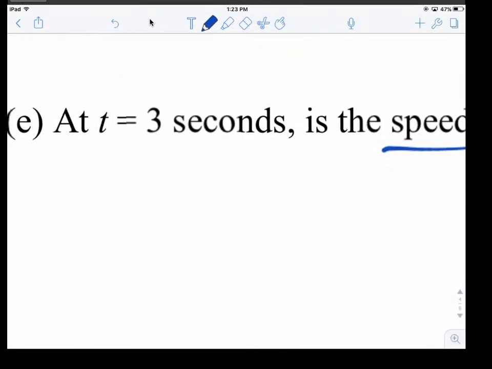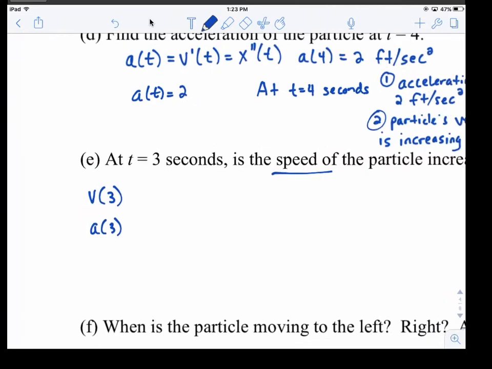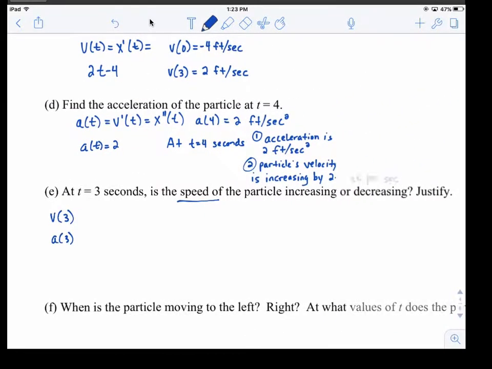So you need to connect both velocity and acceleration. So what is the sign of, is it 3? Yes, 3. It's the acceleration part.